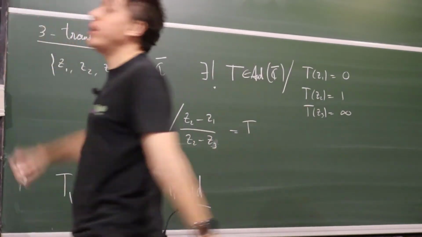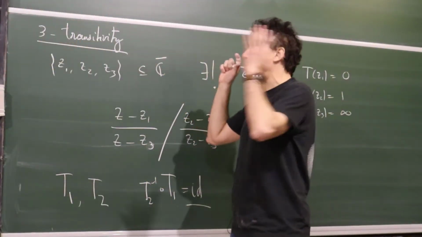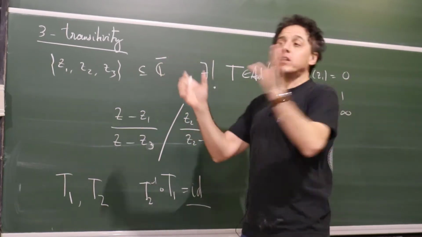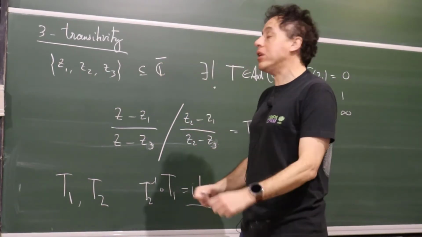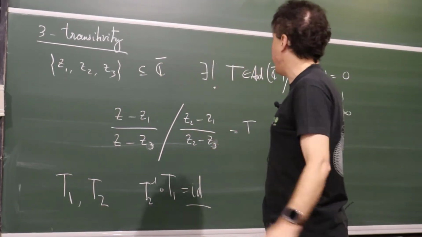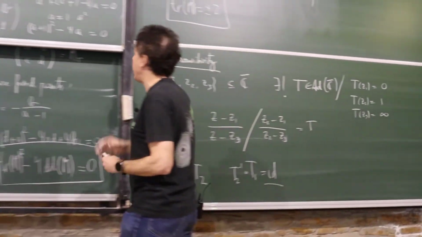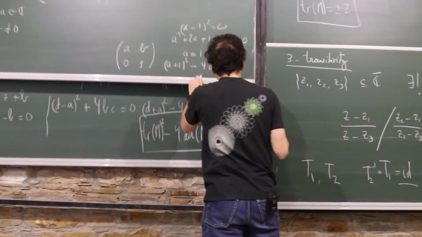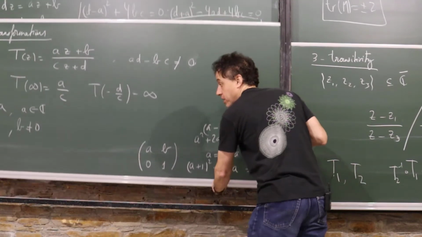So this property is normally called three transitivity. Any three points can be taken into 0, 1, and infinity. And in fact, more generally, any three points can be taken into any three points.